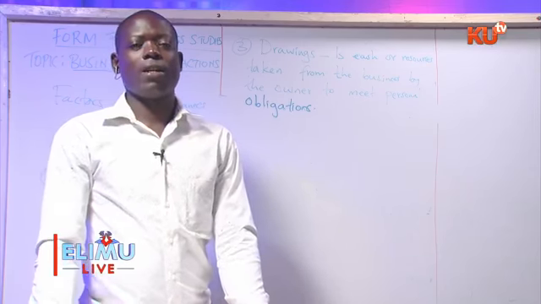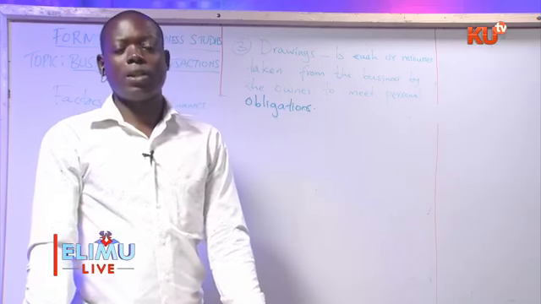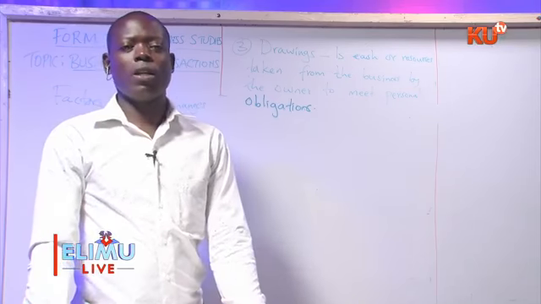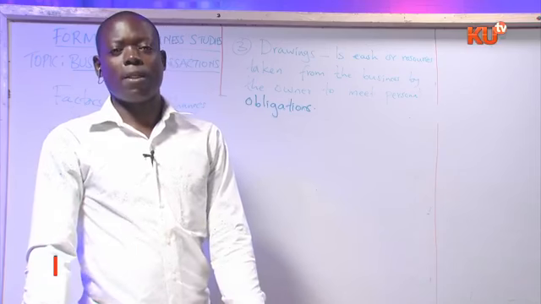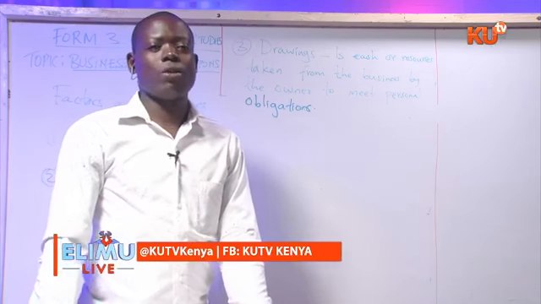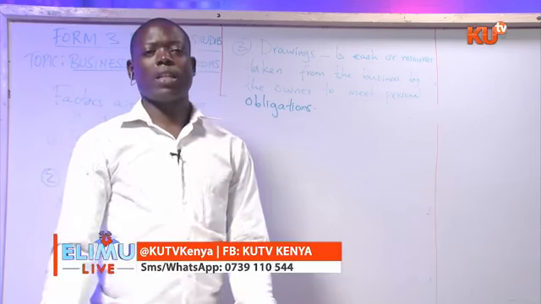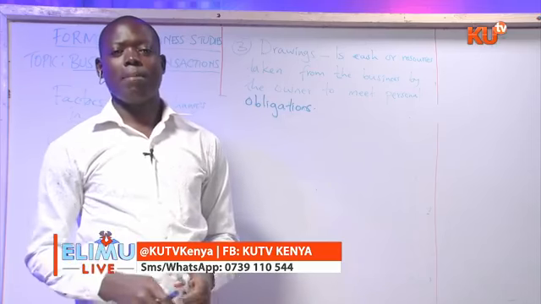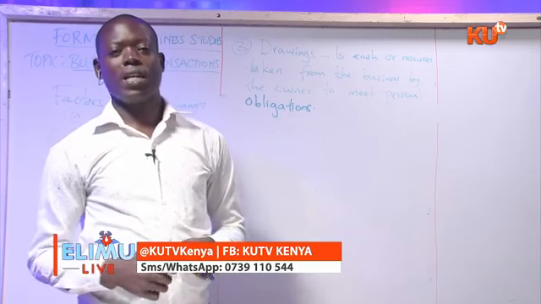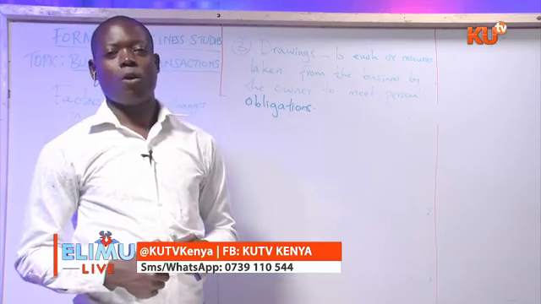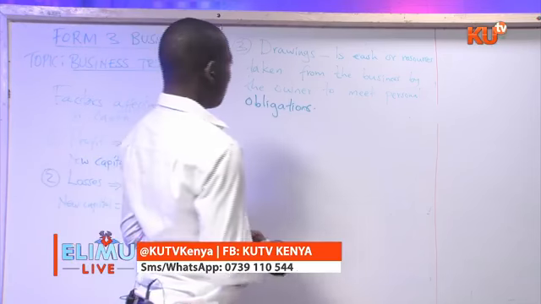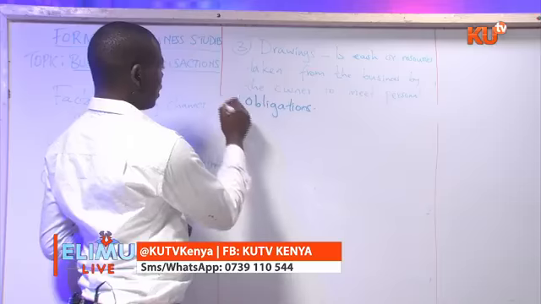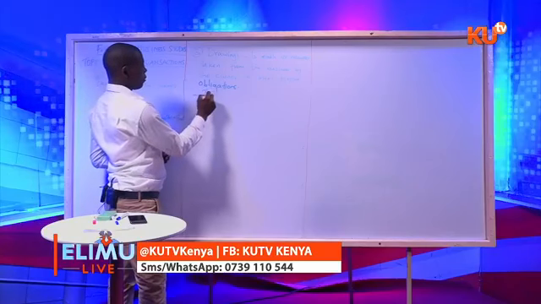Or you take resources from the business like cash to meet your personal needs like entertainment, that is a drawing. Therefore, drawings are resources or cash that is taken from the business by the business owner to meet his or her personal obligations. And so, if they are taken out of the business, students, the effect is that they reduce capital.